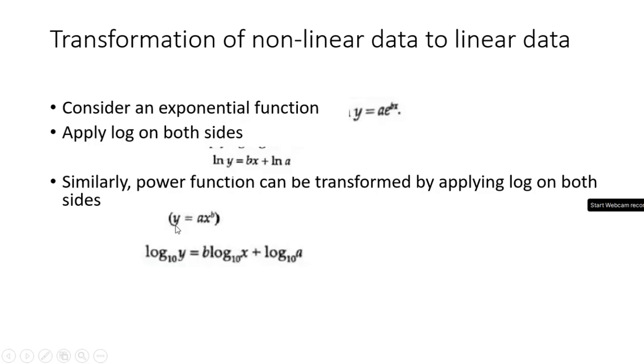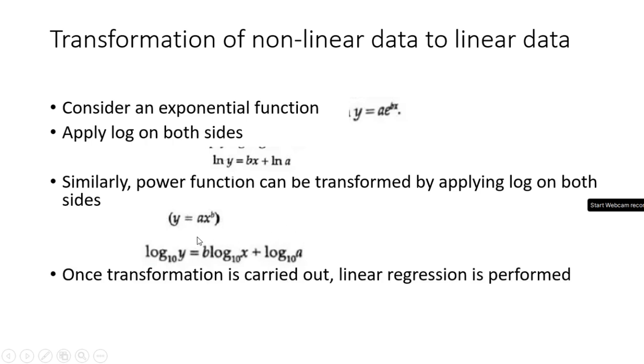Again, to transform it into linear data, just apply log on both sides. So log y is equal to b log x plus log a. As you can see, both these equations are linear. So you have successfully transformed a non-linear equation into a linear equation by just applying log.